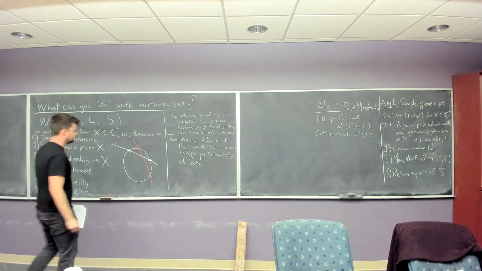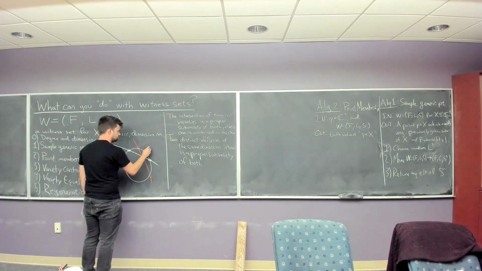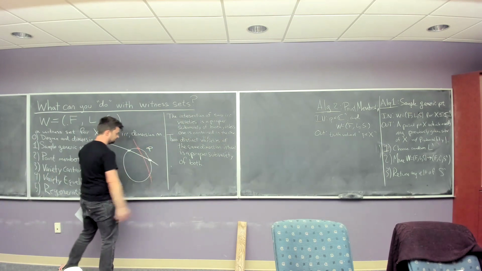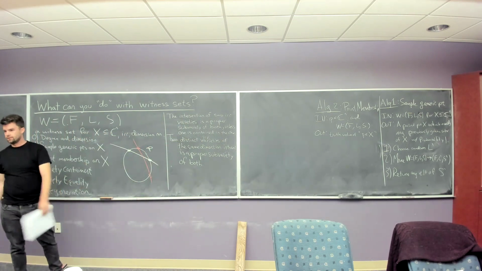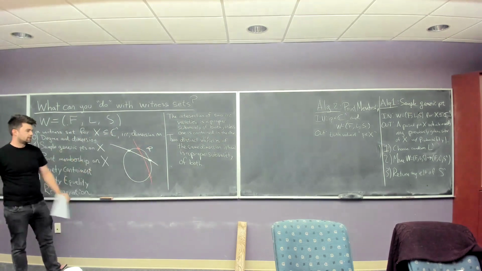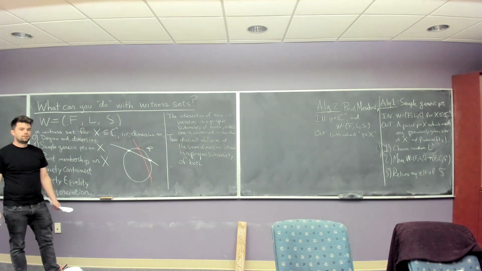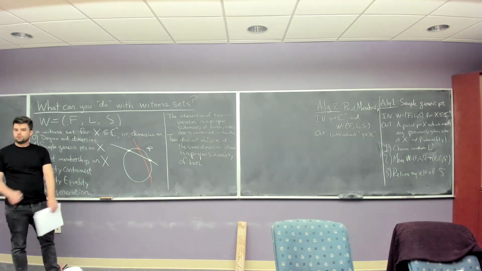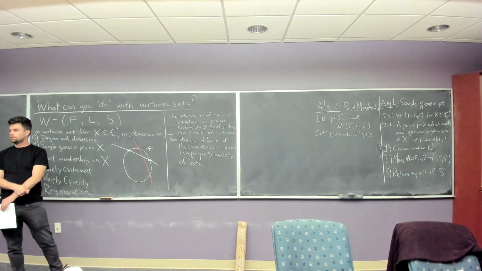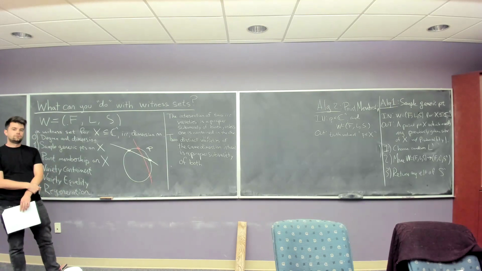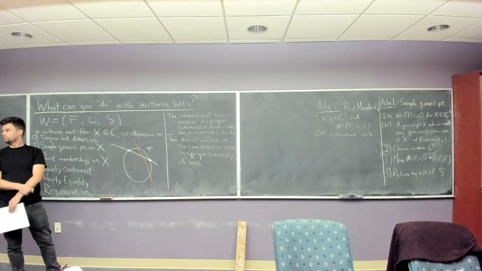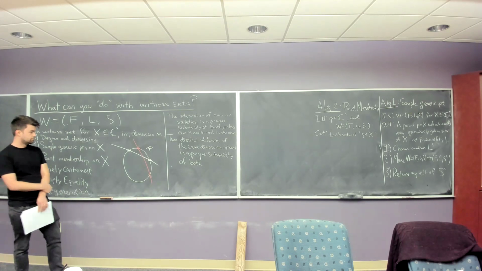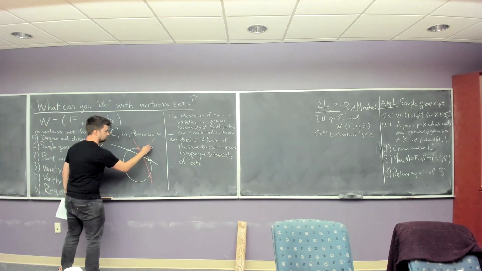Okay. So here's the P. A witness set is the data implied by one of these linear intersections. How do you think we can check whether or not P is on our variety? Perfect.